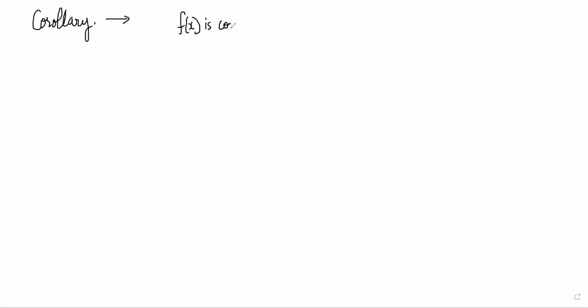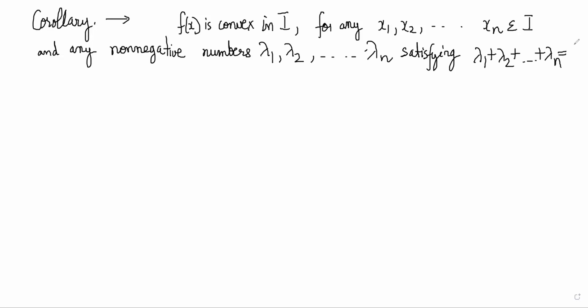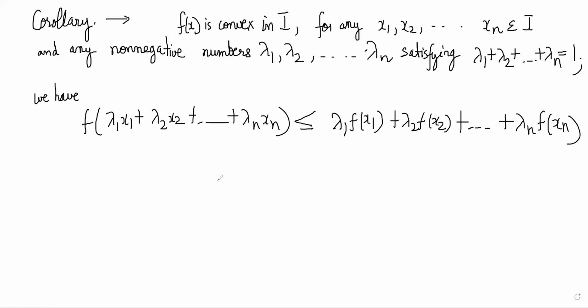Suppose f of x is convex in I, then for any x1, x2 till xn belonging to I, and any non-negative numbers lambda 1, lambda 2 till lambda n satisfying lambda 1 plus lambda 2 till lambda n equal to 1, we have f of (lambda 1 x1 plus lambda 2 x2 plus lambda n xn) is always less than or equal to lambda 1 f of x1 plus lambda 2 f of x2 plus lambda n f of xn. And the equality is again valid when x1 and x2 are all equal.